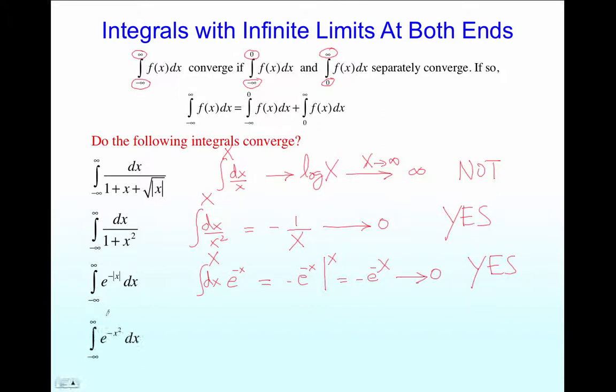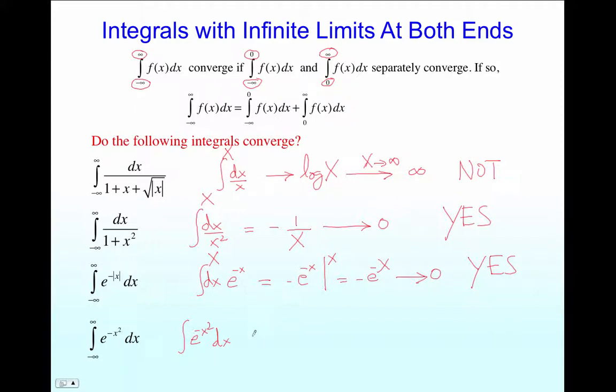And finally, let's look at this one, e to the minus x squared. Unfortunately, I do not know what is the integral of e to the minus x squared dx, that is, as an indefinite integral. This means that I cannot use the method that I had used up above by doing an integration.